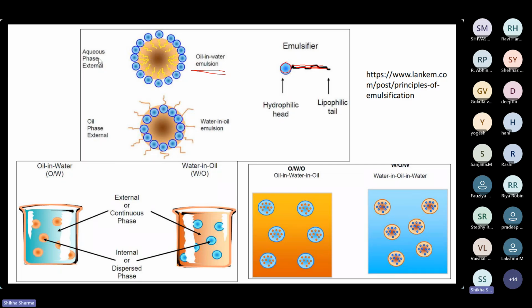If the outer phase is aqueous, suppose water in this beaker, the hydrophilic part will be outside and the lipophilic part will be inside, forming this kind of structure, which we call a micelle. Then if the oil phase is outside, the lipophilic part will be outside and the hydrophilic part will be inside.